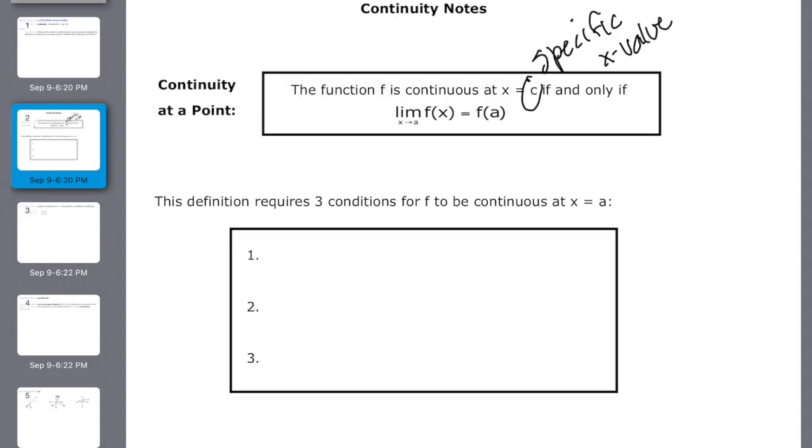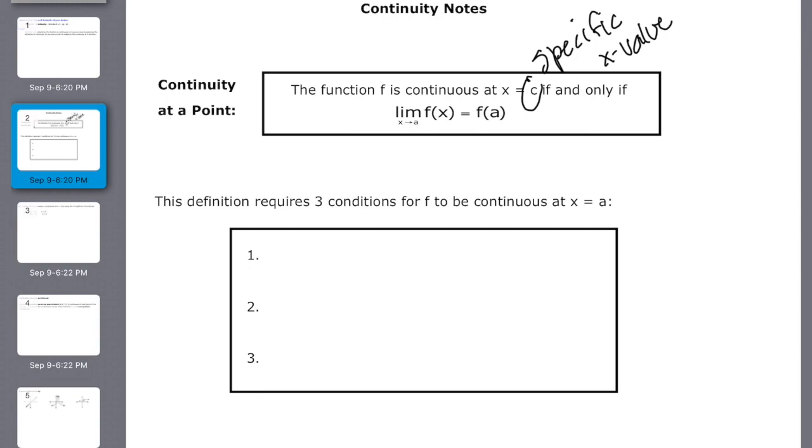We often use a c to represent some type of value. So it's continuous at x equals c if and only if the limit as x approaches a of the function is also equal to f of a. So what that means is our function exists and our value exists, and the fact that they're equal.